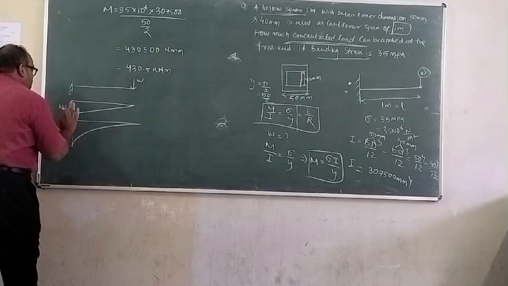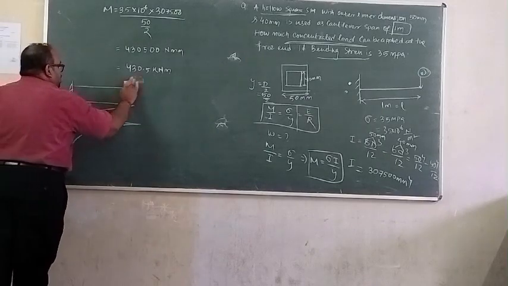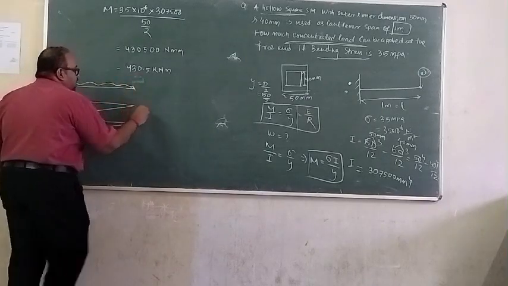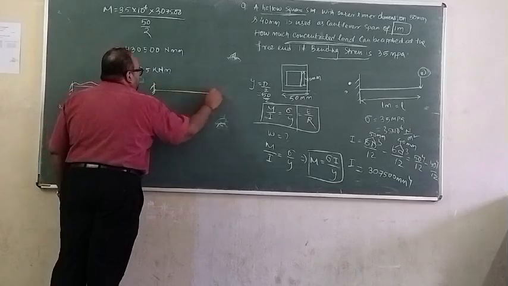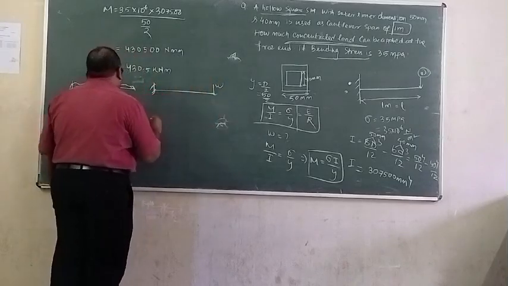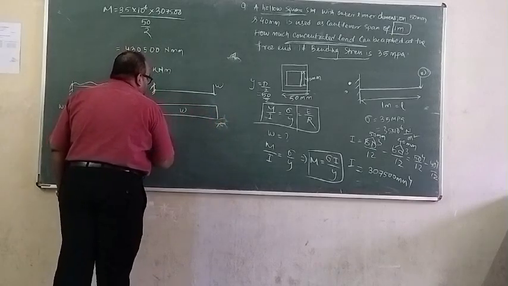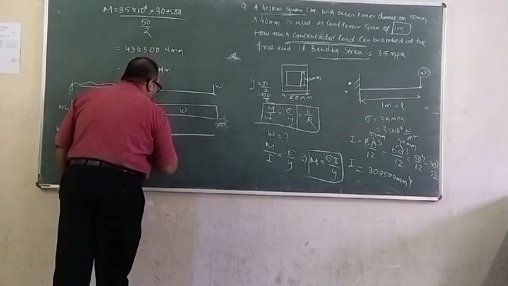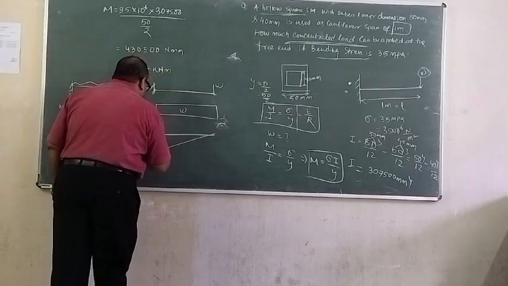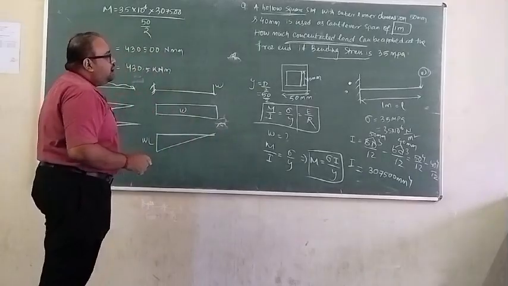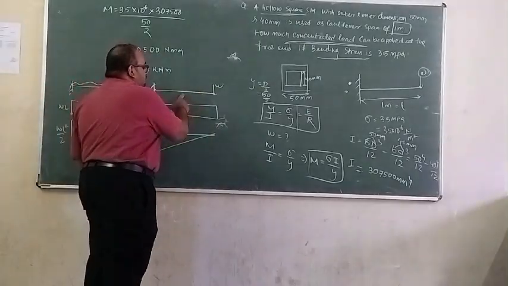See, actually this is for UDL. If we are having point load W, we can write here SFD as only W and BMD WL. Okay, so this is our case of concentrated load.